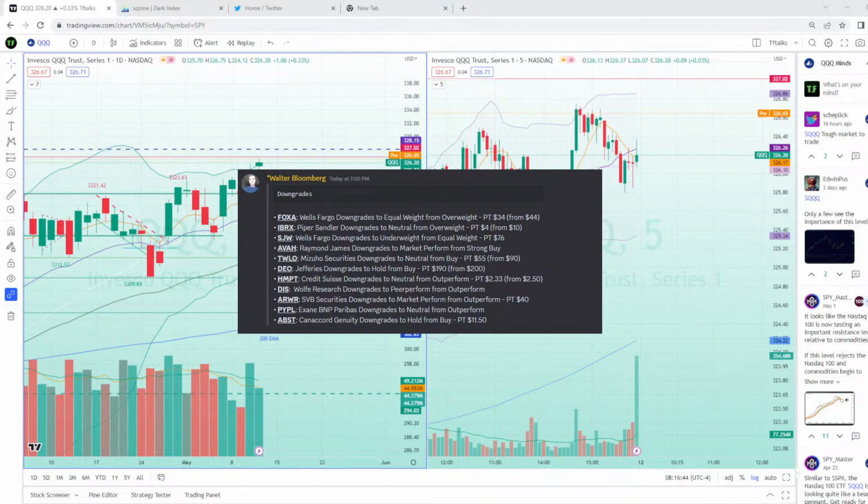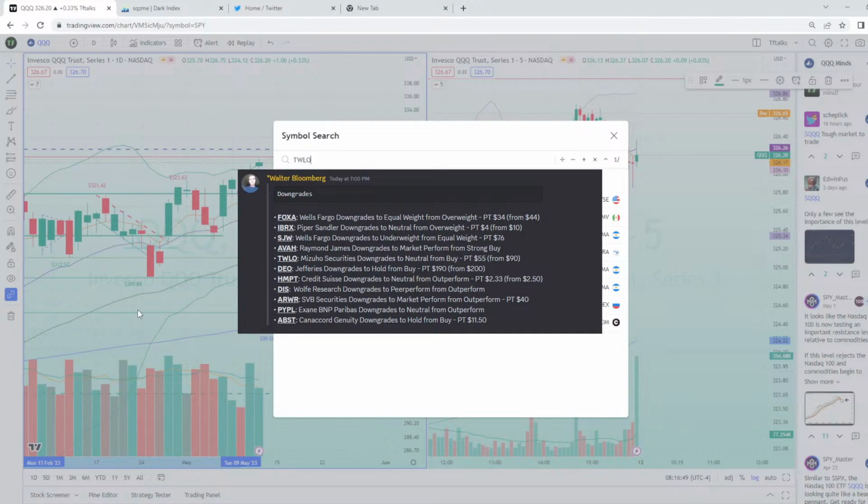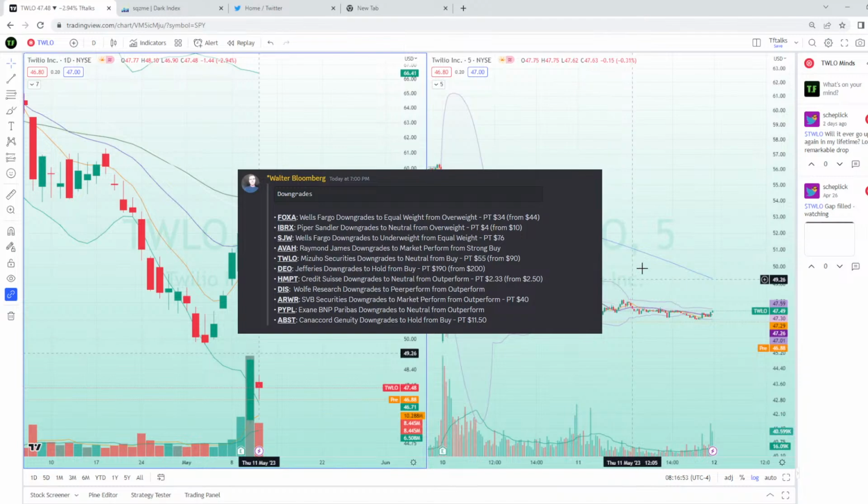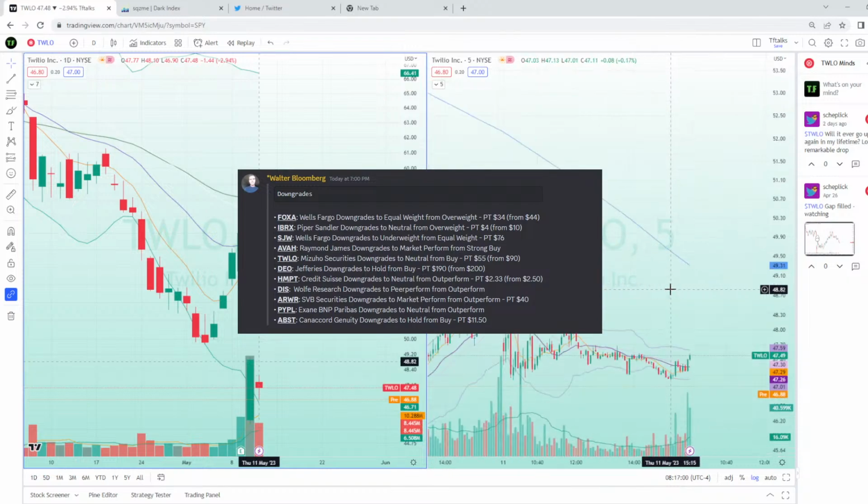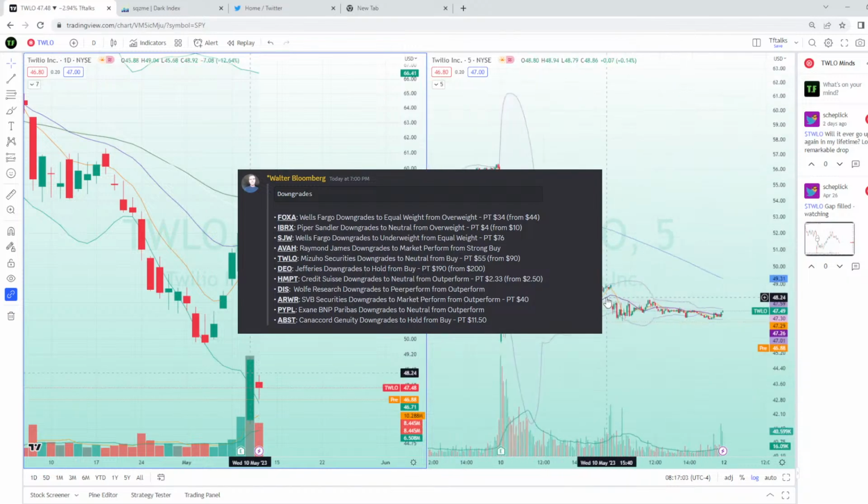Okay, let me double check those two, because I know those two are pretty famous stocks, and people always ask what's going on with Twilio, what's going on with PayPal when the stocks have big movements. And I know some smaller value stocks are currently doing pretty good, especially after the earnings.